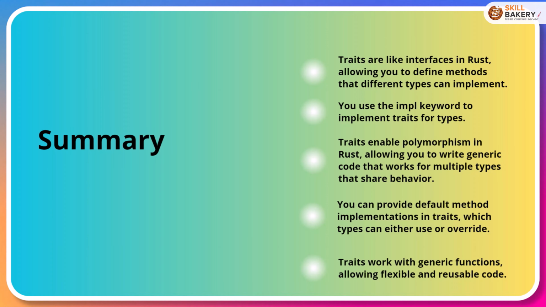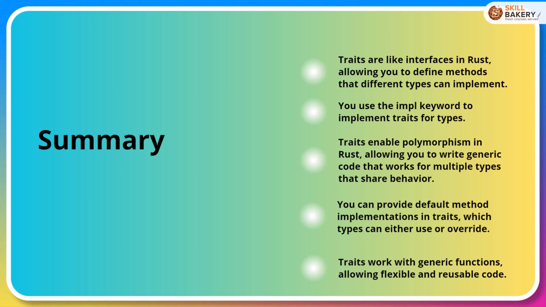So to summarize, traits are like interfaces in Rust, allowing you to define methods that different types can implement. You can use the impl keyword to implement traits for types. Traits enable polymorphism in Rust, allowing you to write generic code that works for multiple types that share behavior.